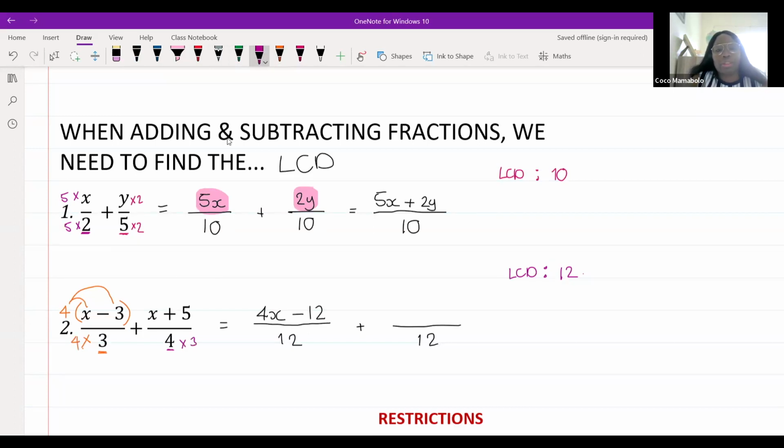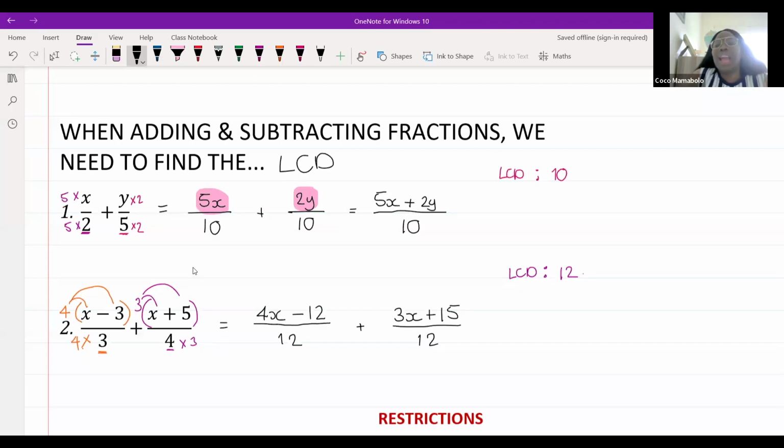We multiplied by 3. Now I need to go to the top and multiply the whole thing by 3. So I must now distribute. On the top, I'm going to get 3 times x, that's 3x, and 3 times 5, which is 15, 3x plus 15.